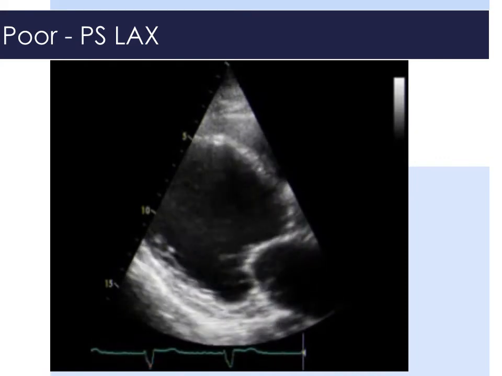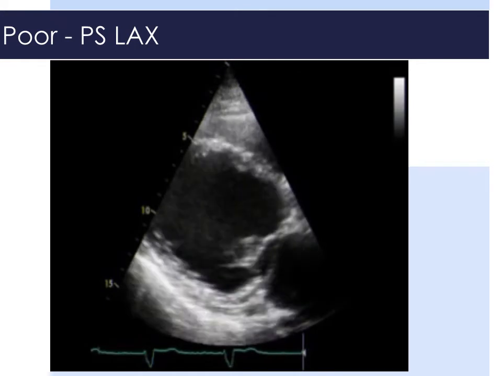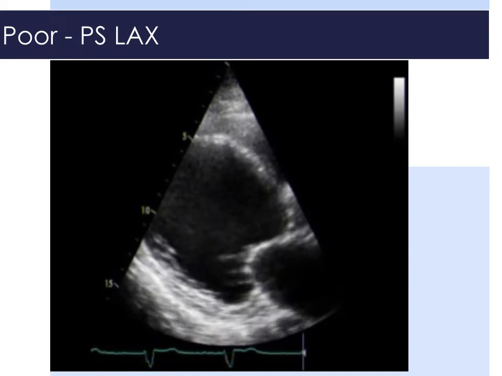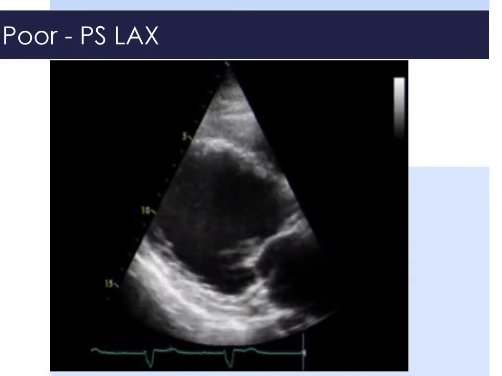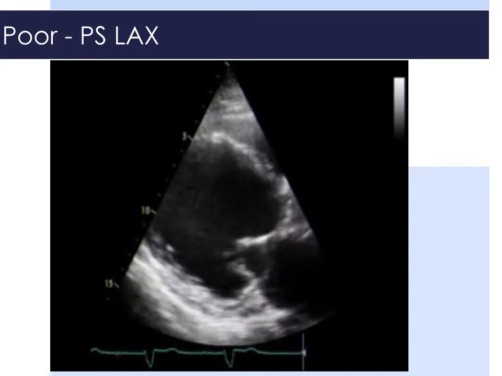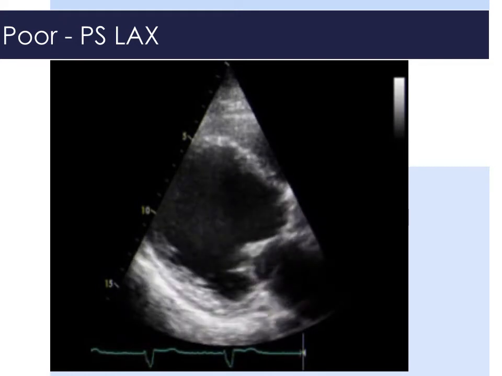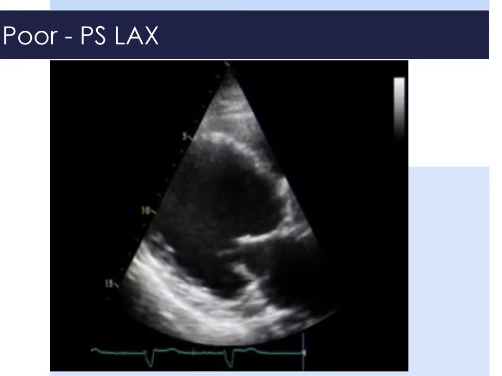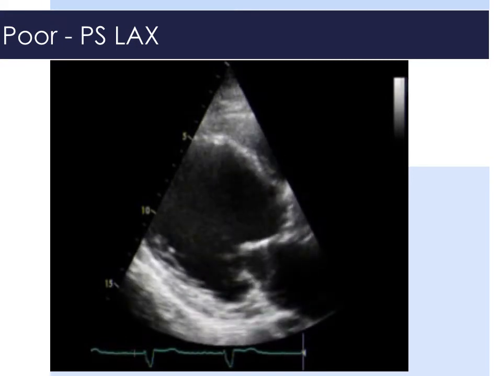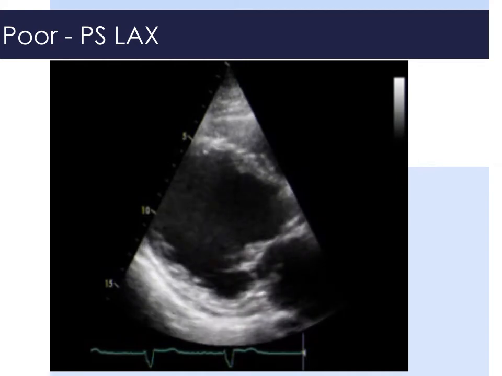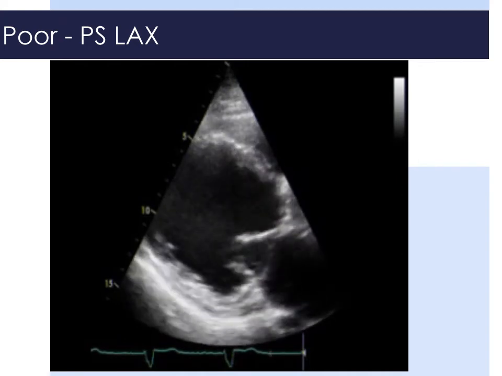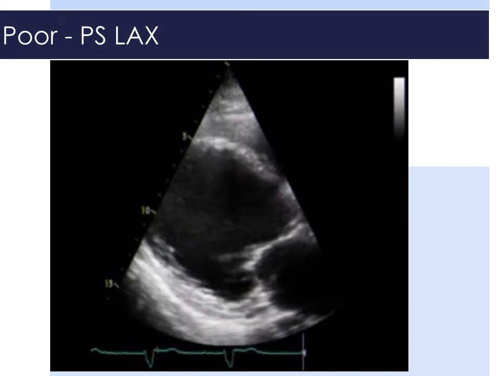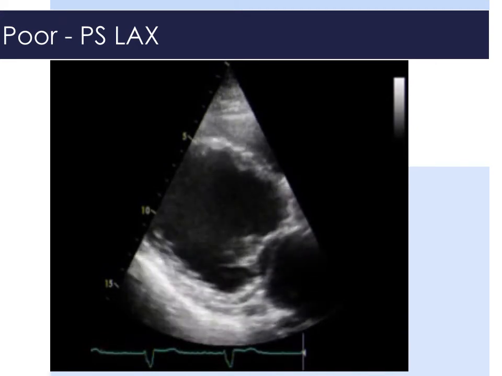We can appreciate in this view an extreme example: we can definitely see a poor left ventricular function. This is a parasternal long axis view. Starting from the dimension, we can clearly recognize a dilated left ventricle, and we can see that the left ventricular walls, the interventricular septum and the inferolateral wall, are not thickening, and there is not much difference between systole and diastole.